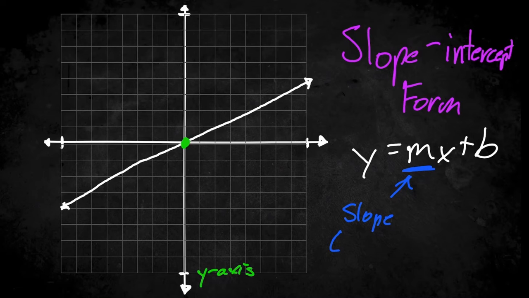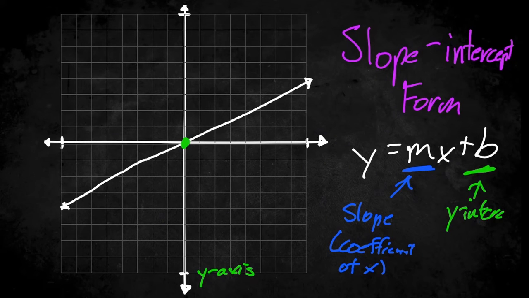Just to be sure, it is the coefficient of x. And b is the y-intercept, where x equals 0. So in this line, this is where the y-intercept is, because x would be 0 right here, where the line goes through the y-axis.